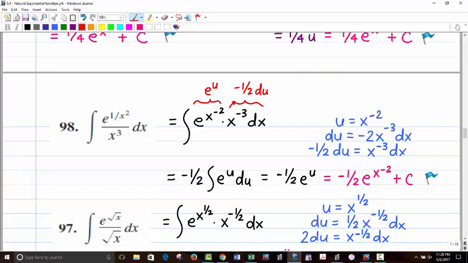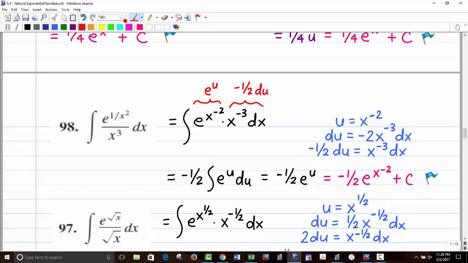So then you let u be x to the -2, and then du would be -2x to the -3 dx. So now that's how you're getting your x to the -3 right there. And that will give me -1/2 du equals x to the -3 dx.